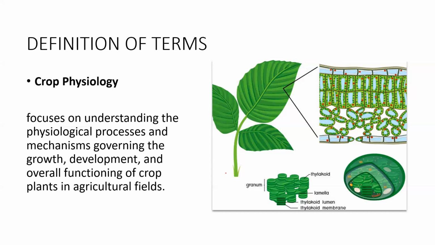So, napakahalaga ang cell. Cell is the basic unit of life. And the cell in plants is the basic requirement to produce a plant. Okay? Kasi ang cells, nagsisimula yan sa seeds.